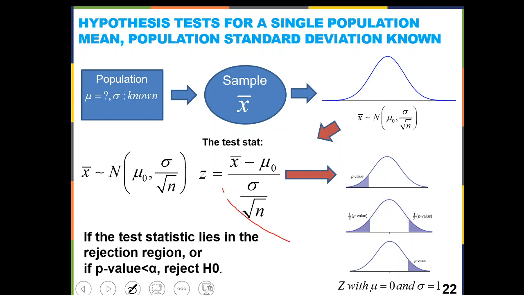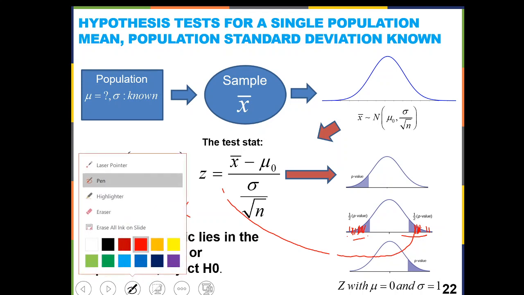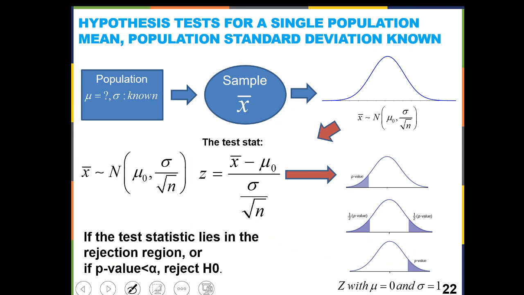That happens if this number falls inside here, and you see if I find area to the right of that number and to the left of negative of that number, you see the red area is smaller than the blue area. See that? So that means that the p-value is smaller than alpha, and then we reject. Again, we're going to do many examples of this. That's a big picture, so we know where we are going with this.